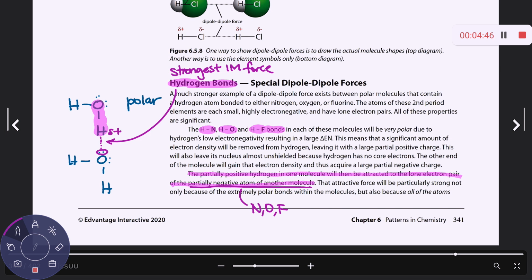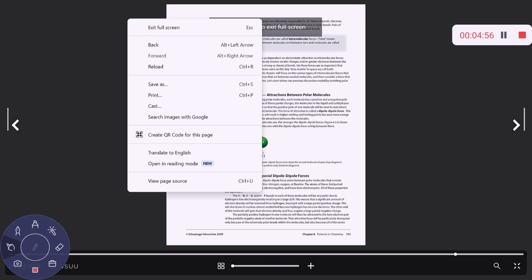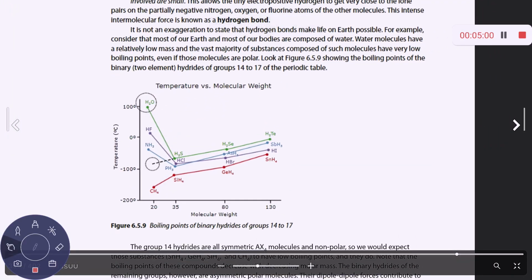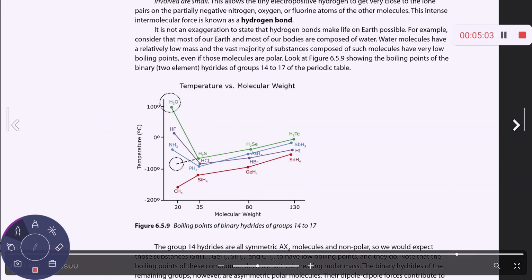Since hydrogen bonds are the strongest intermolecular force, they tend to cause really high boiling points. So they're going to cause things to change. If you take a look at the next page at the graph, here they're showing you how the boiling point for water and HF and NH3 are higher than expected.